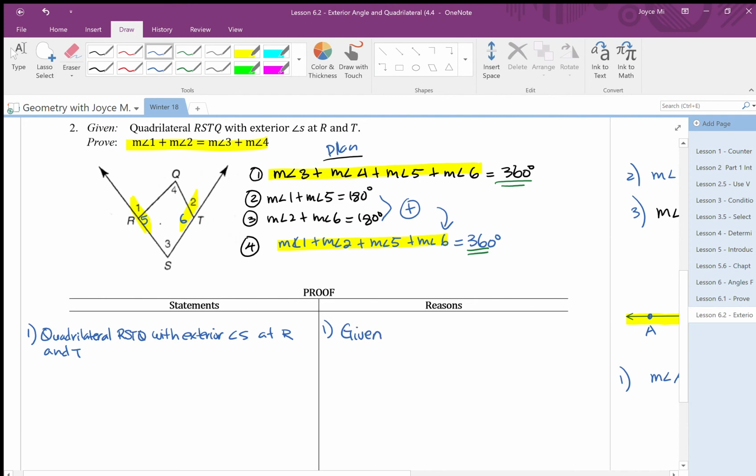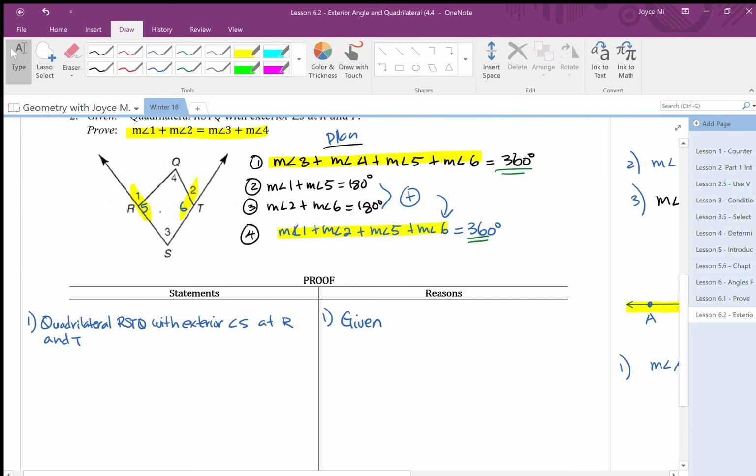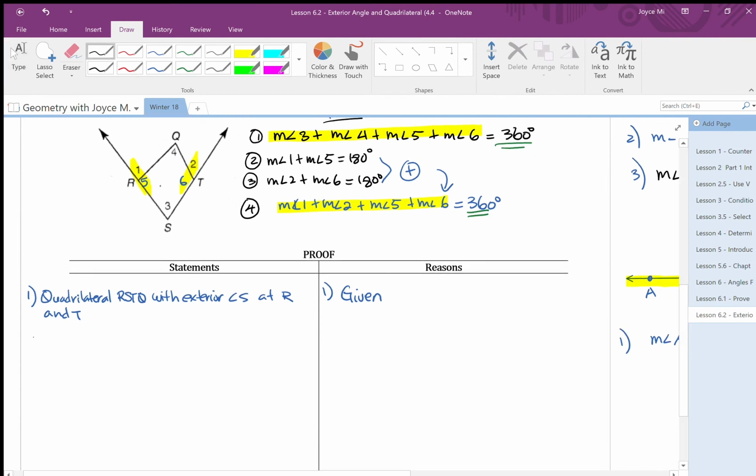Okay. Number 2, I'm going to write the sum of the interior angles in the quadrilateral, which is going to give me 360, which is what I want here. So number 2, I say measurement angle 3 plus measurement angle 4 plus measurement angle 5 plus measurement angle 6 give me 360. And the reason for this one is sum of interior angles of a quadrilateral is 360.